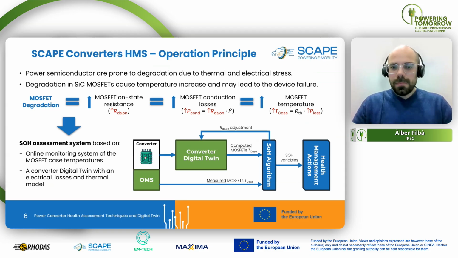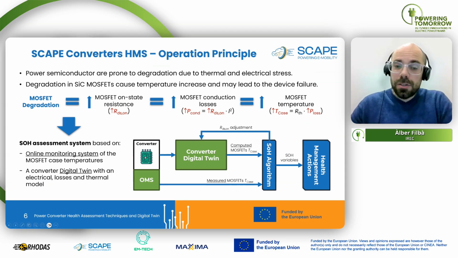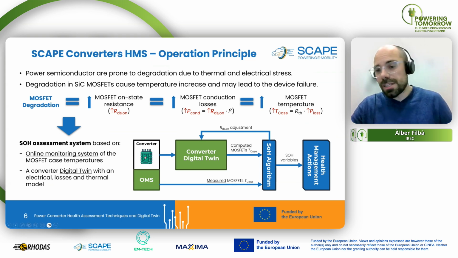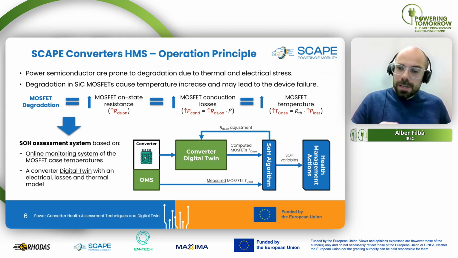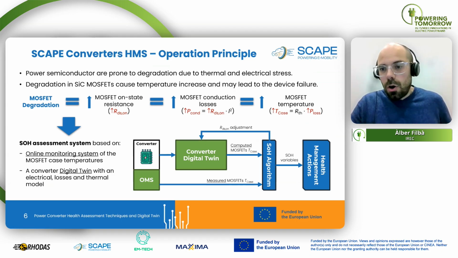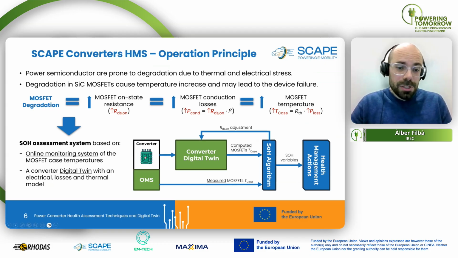Therefore, this increase in the on-state resistance due to degradation will lead to an increase in their conduction losses, and finally to an increase in their temperature. Their temperature in the semiconductor, but also the temperature on the case or in the printed circuit board, if we consider the case of the chip embedding that I was showing before.